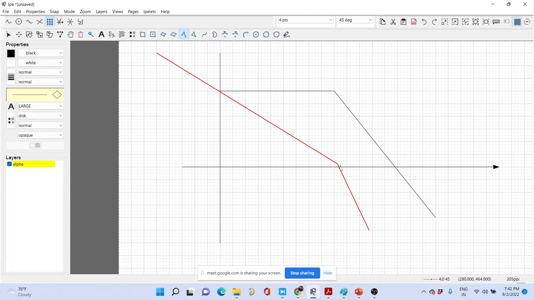Second problem: you have reduced the gain in the mid frequency region, the frequencies less than the gain crossover frequency. So if there is a disturbance with a frequency lying in between these two, it will not be rejected in the fashion that we want. By introducing this PI controller, you have reduced the gain in the mid frequency region.